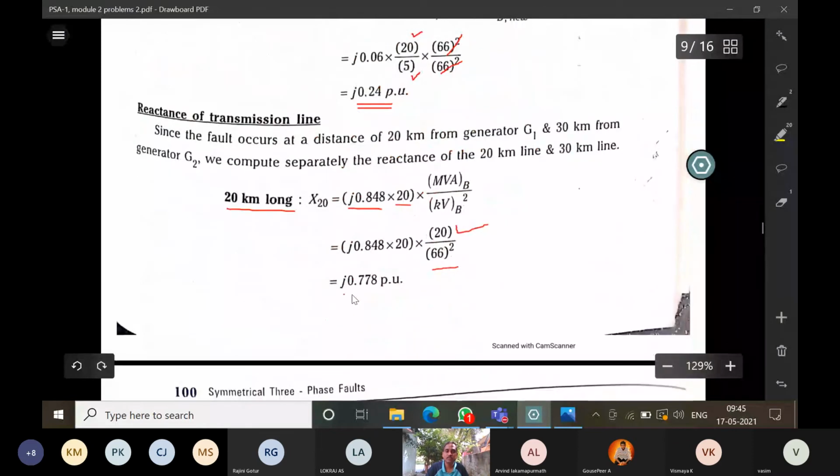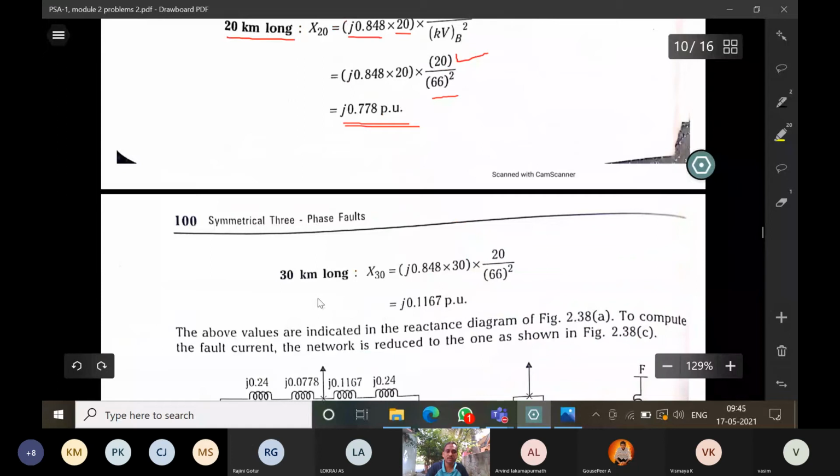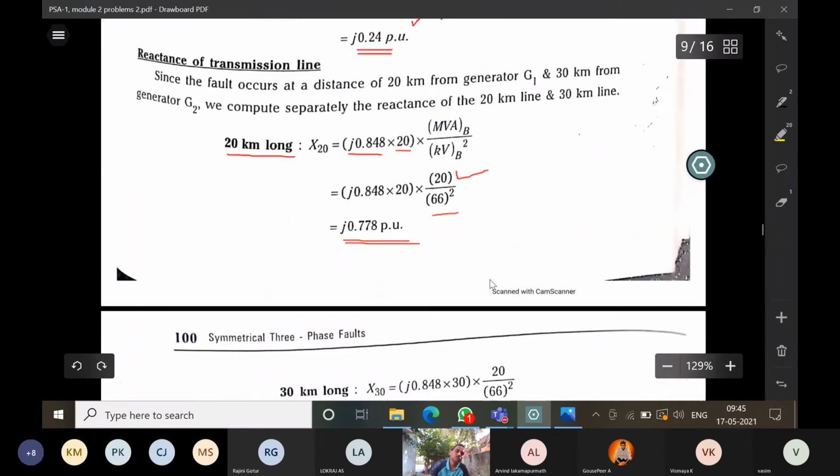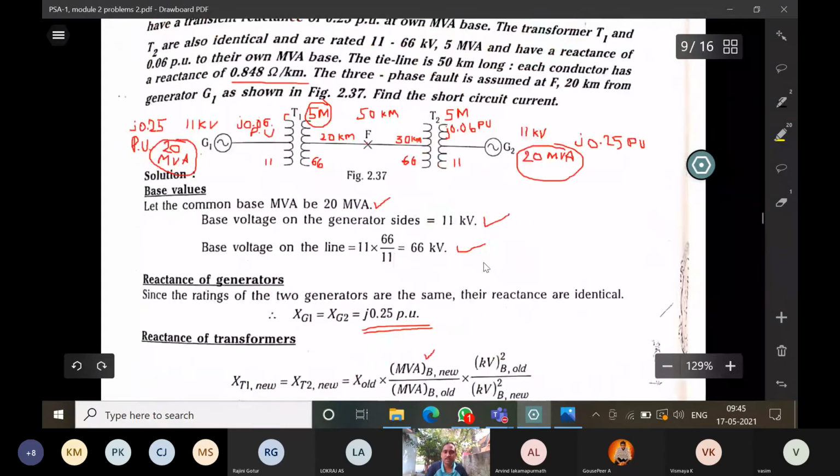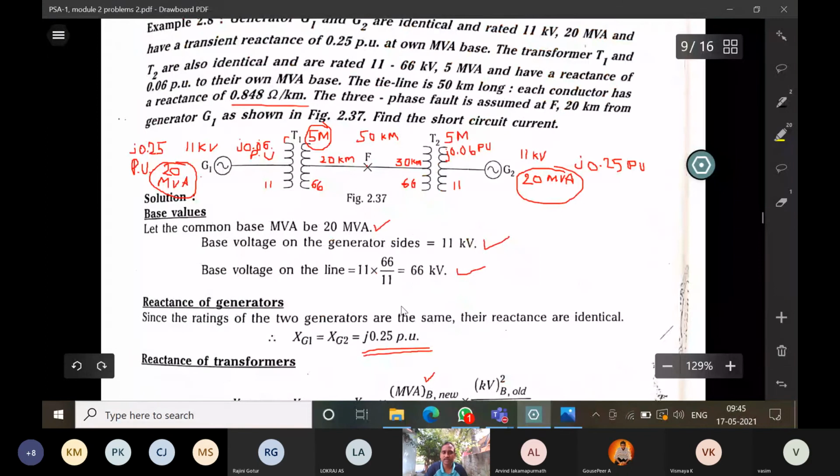So we get 0.778 per unit. Similarly, for the remaining 30 kilometer, x30 is j0.848 into 30, same formula 20 by 66 square, and we get 0.1167 per unit. Once you calculate all the reactances, you draw the reactance diagram.